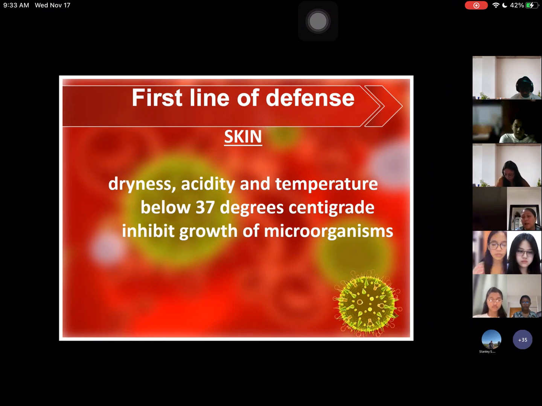But in the epidermal part, if you have dry skin, basically they will not be able to make it on our first line of defense. They die in our first line of defense, which is our skin.